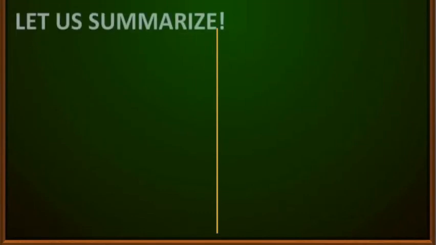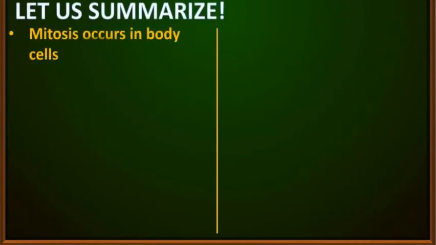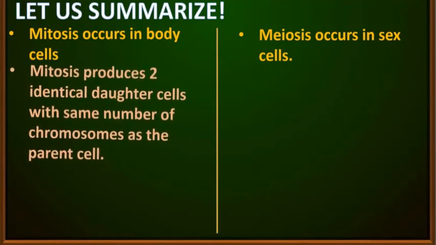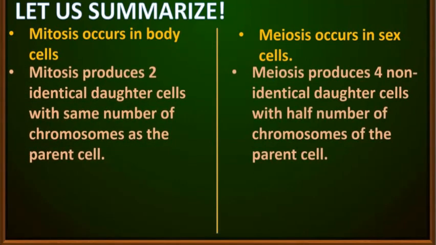Let us summarize today's topic. Mitosis occurs in body cells, while meiosis occurs in sex cells. Mitosis produces 2 identical daughter cells with the same number of chromosomes as the parent cell, while meiosis produces 4 non-identical daughter cells with half the number of chromosomes of the parent cell.